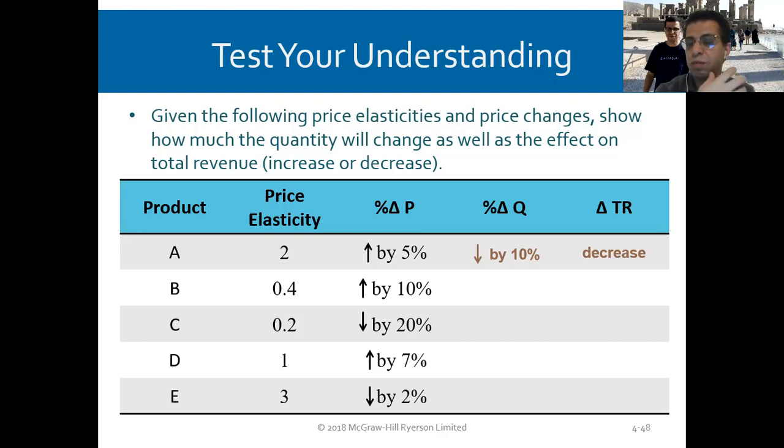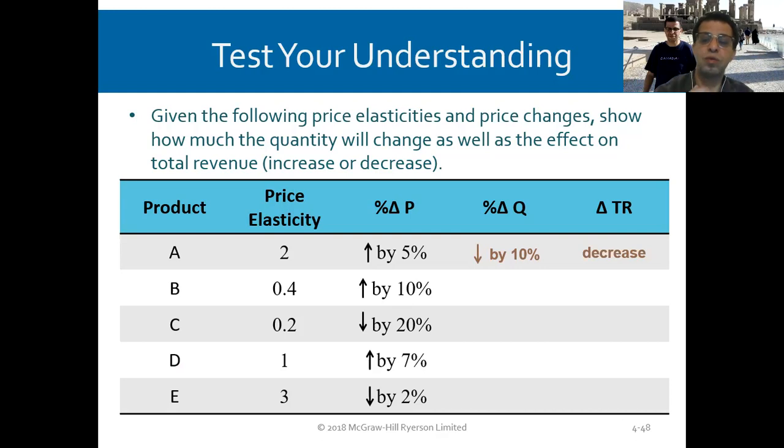The quantity demanded decreased by 10%. And if you multiply, the total revenue is going to be less, because you increased your price by 5% and the total quantity demanded decreased by 10%. In other words, because your price elasticity is high.